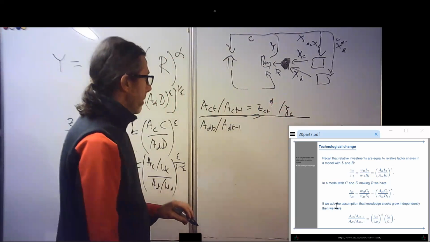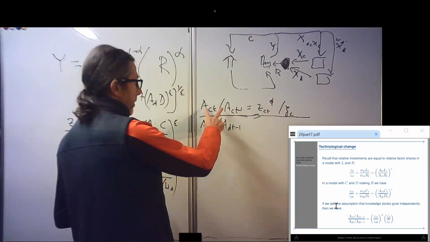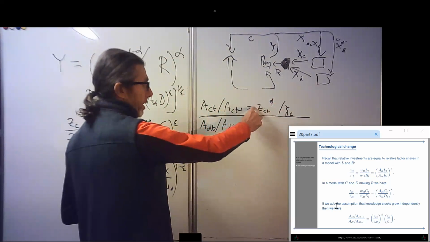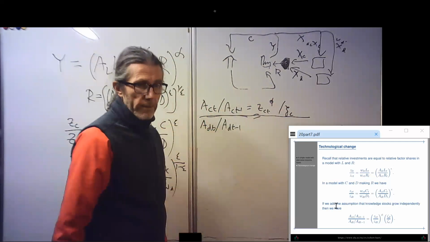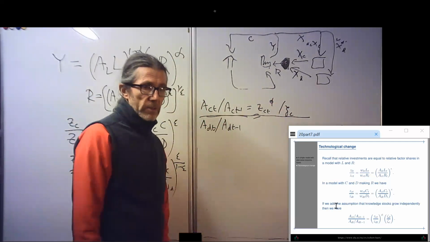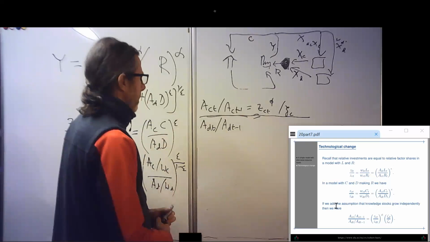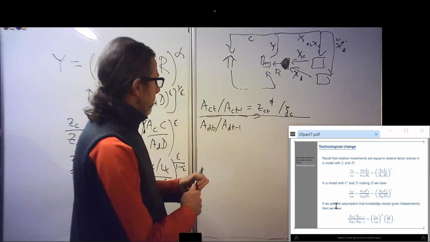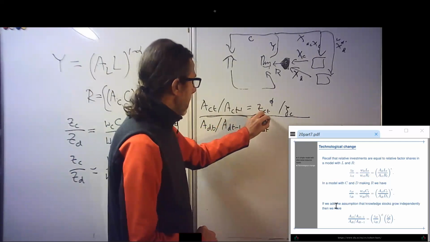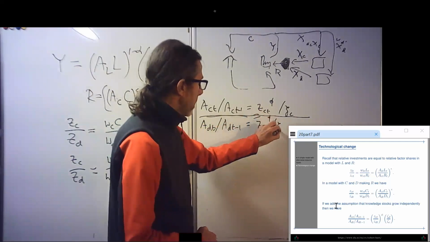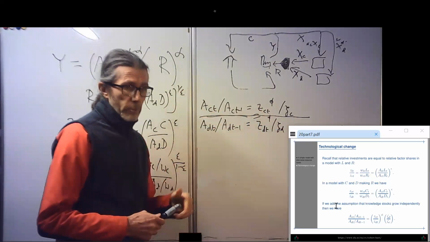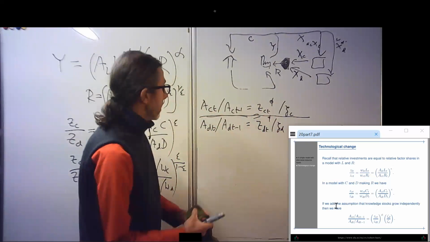So this is saying the boost in C augmenting knowledge is a function of the investment raised to the power of phi. This seems pretty innocuous, doesn't it? It doesn't seem very dangerous. If we have a symmetric expression for D, then we can take the two expressions and divide one by the other. And what do we get?